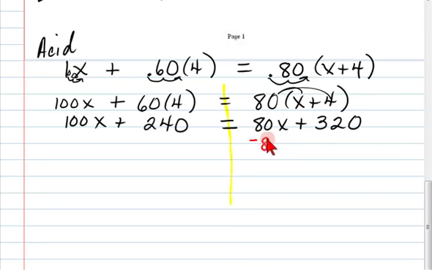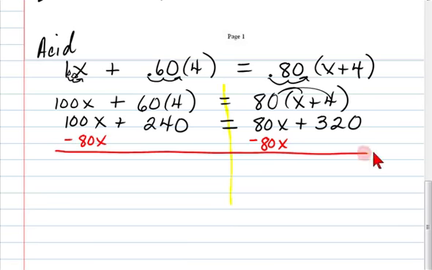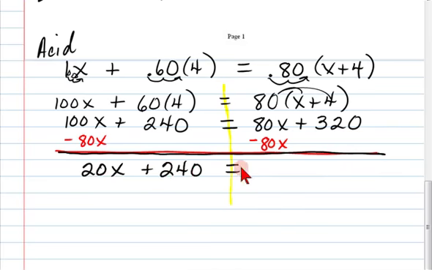So I'm going to subtract 80x, subtract 80x. That gives me 20x plus 240 is equal to, those 80x and negative 80x are inverses, so that's gone, and it's equal to 320.